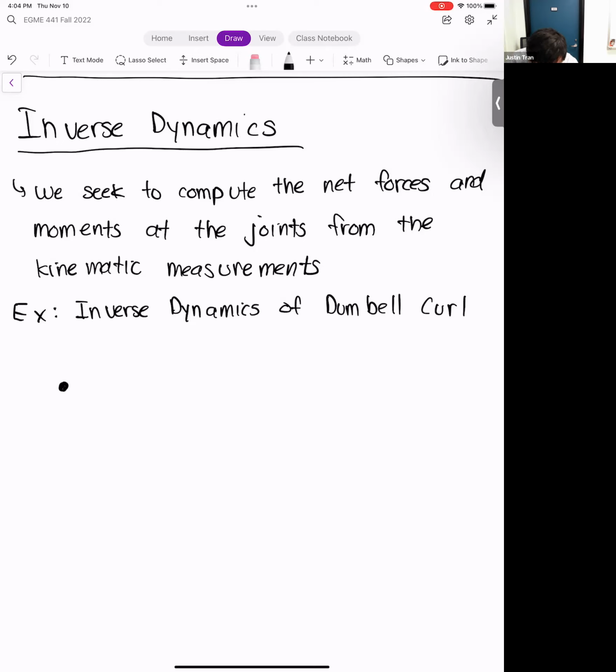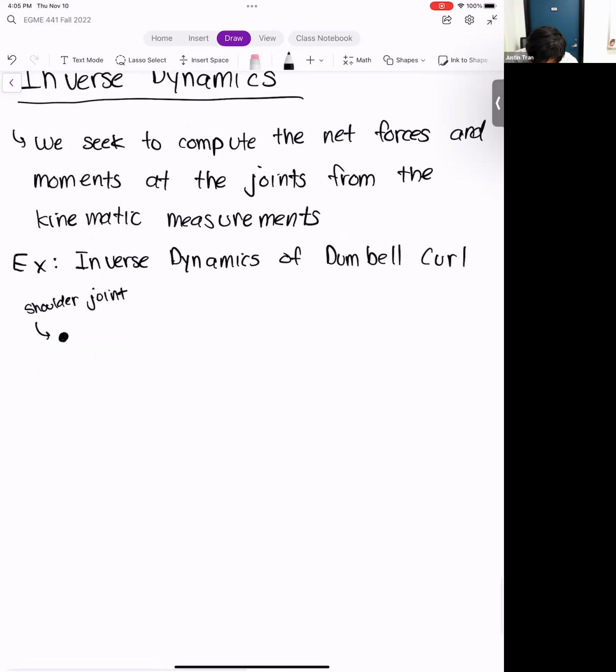This first dot I'm going to draw up here is the shoulder joint. From the shoulder joint, we're going to go down. That segment right there is the upper arm. The segment down here is the lower arm. This right here would be the elbow. This right here would be the wrist.